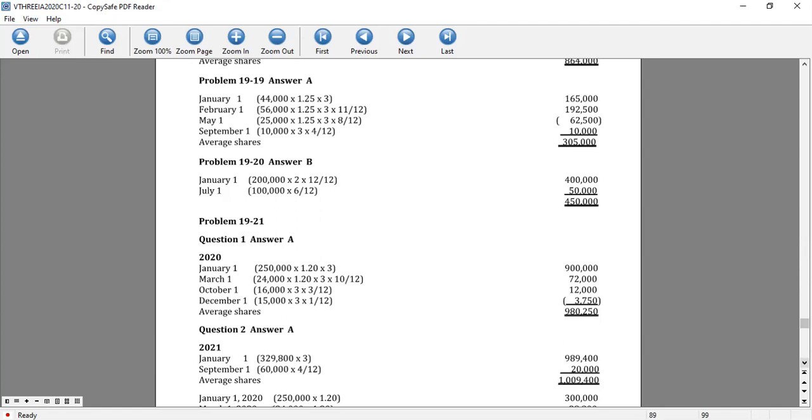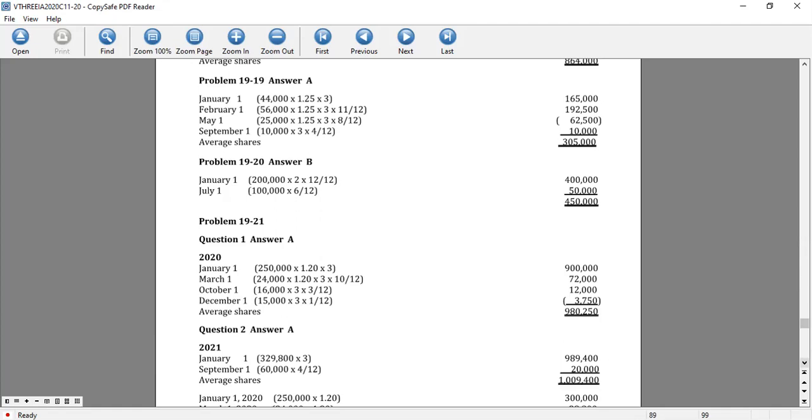So the following transactions occurred in 2020 and 2021. The beginning number of shares in 2020 was 250,000 shares.